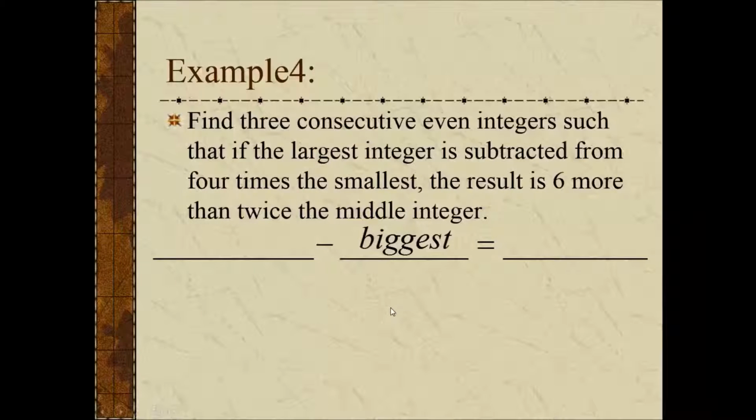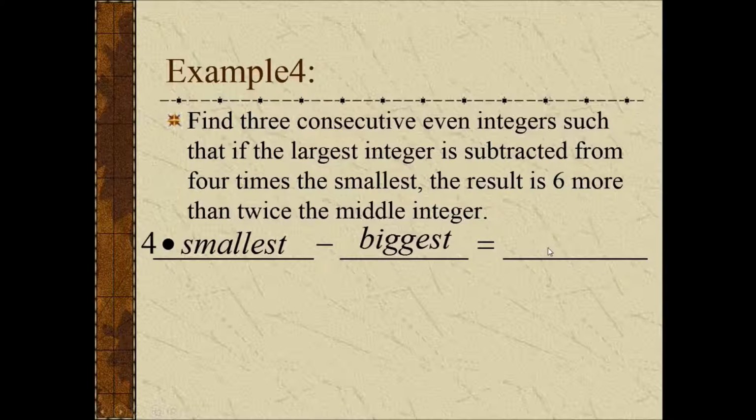I'm going to put biggest in that blank. So that's what's subtracted from 4 times the smallest. So here I'm just writing 4 times the smallest. The result is supposed to be 6 more than twice the middle. So 6 plus 2 times the middle. Now we're going to try to fill in the details of what the smallest, biggest, and middle integers look like.